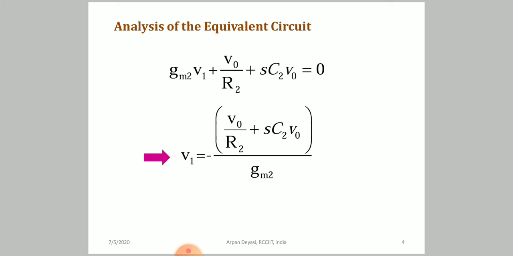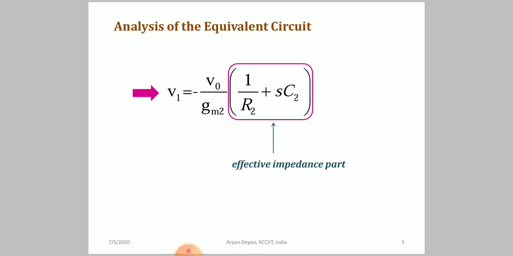So that will be our starting expression. I have calculated V1 as minus V0 by gm2, and the bracketed term, which is given in a box, will be the effective impedance part in the relation between V1 and V0.